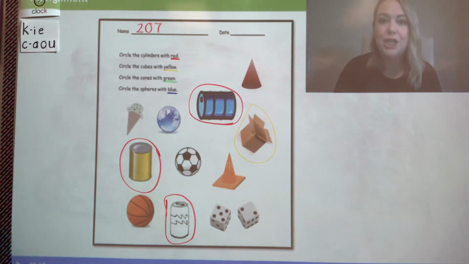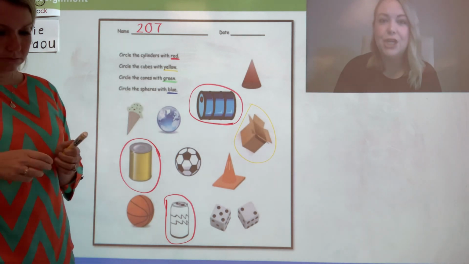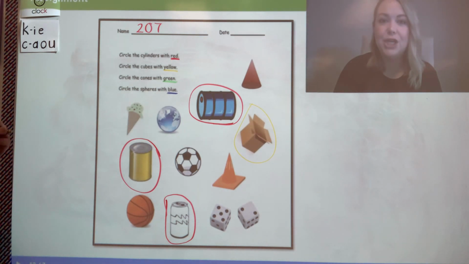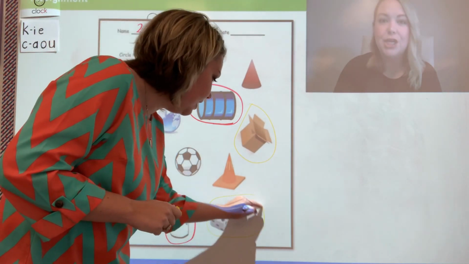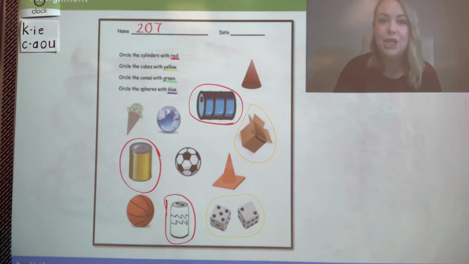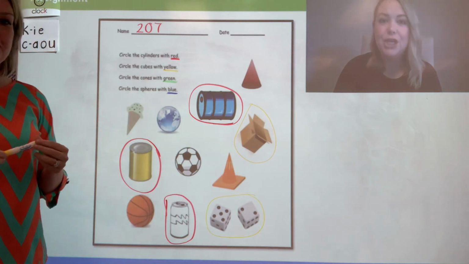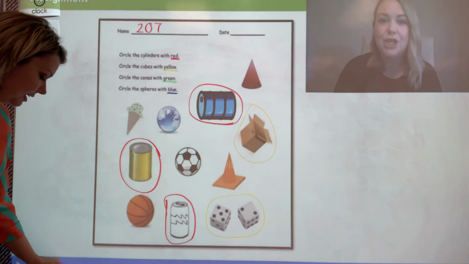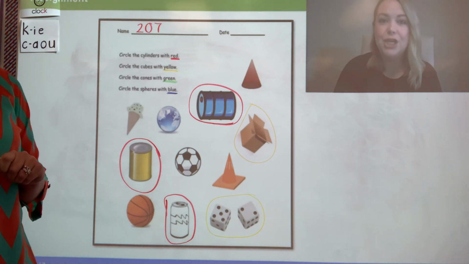Elliot, tell me a cube. The 2 dice. Awesome. Are there any other cubes? No. Good job.